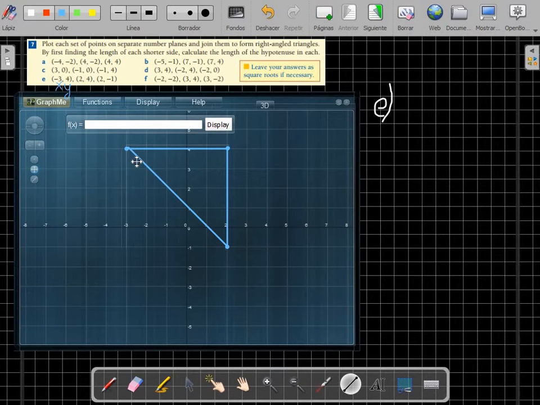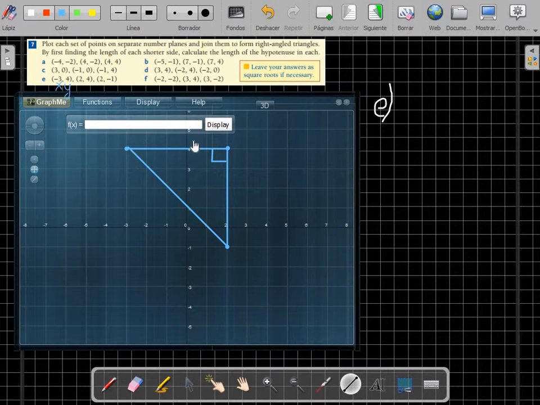There it is. I have joined the 3 points with straight lines, and as you can see here we have a right triangle, and the right angle is right here. And it's quite easy to know how long every one of the legs is.